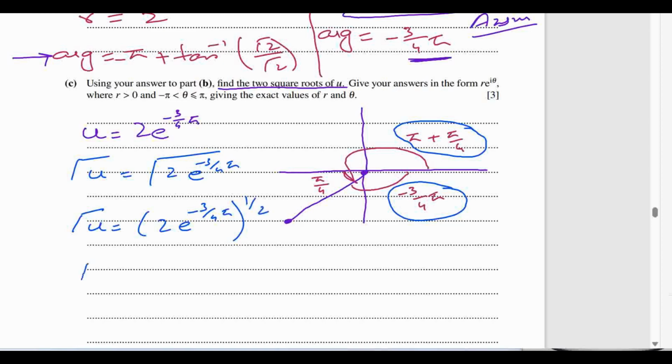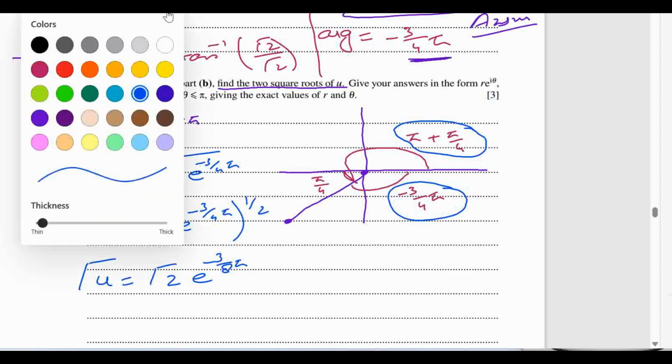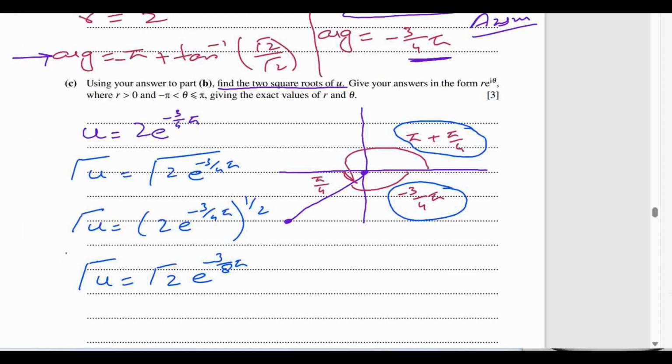Now further we can write it as square root of 2 e power minus 3 by 8 pi. Now this will be the first answer for the square root, which we have solved using the angle minus 3 by 4 pi.